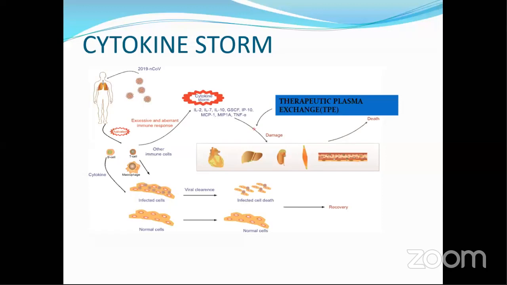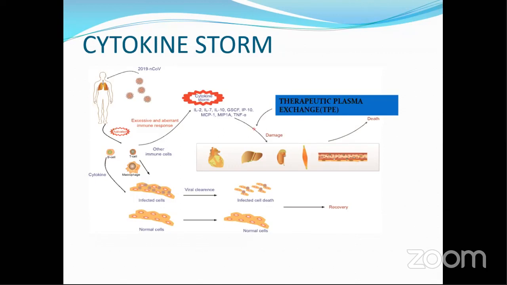So our target is to break this cycle, and we are trying to use therapeutic plasma exchange to clear all these cytokines from the body, and the cycle will go to recovery, to another cycle. So this is the idea of plasma exchange. It's not a treatment of the virus.